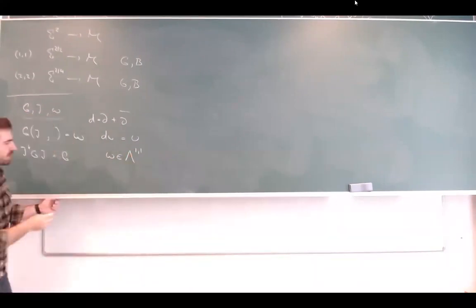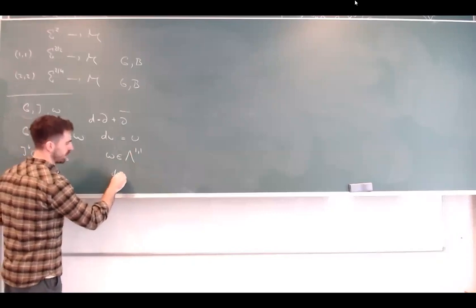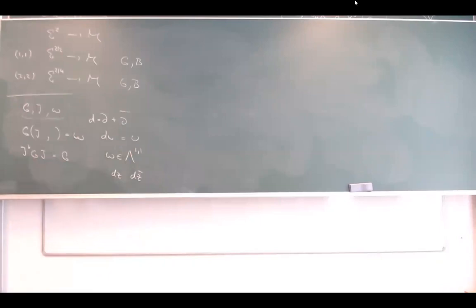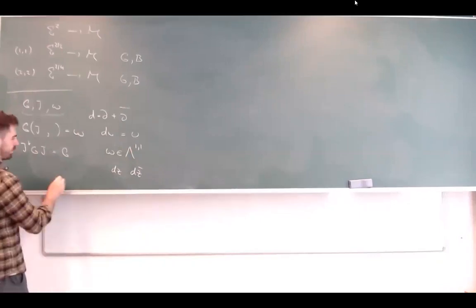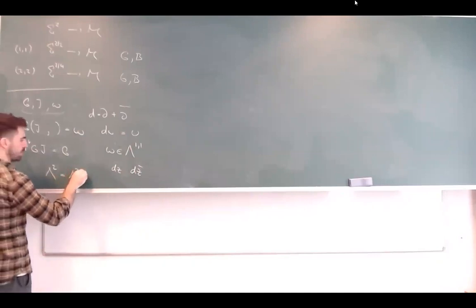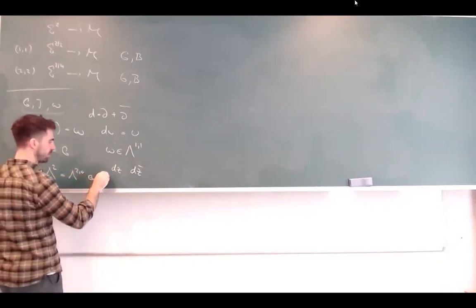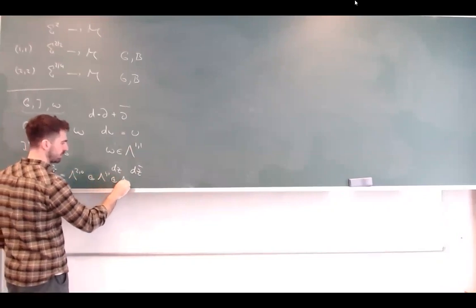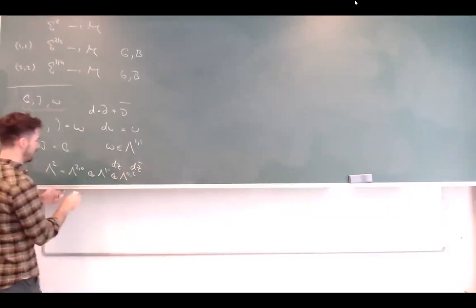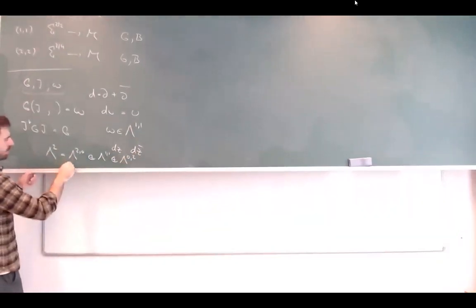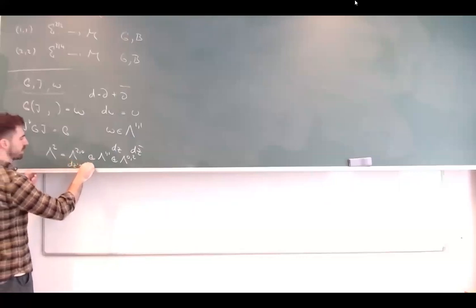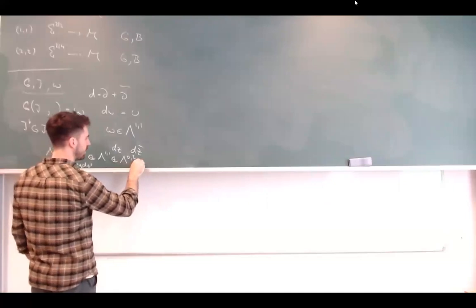So omega, due to G being Hermitian, is a form of one type, right? Meaning that it has Z and dZ-bar variations in it, rather than all the two-forms. So right here, I have things expanded in these objects.